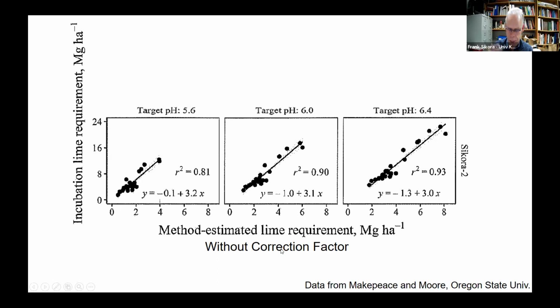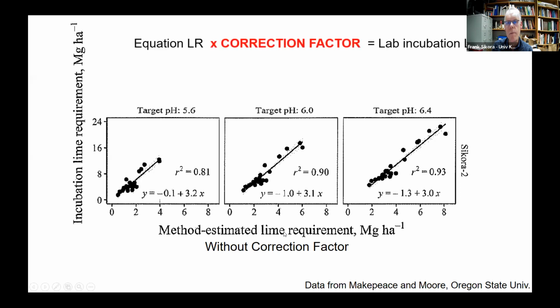So it's based on that formula I showed earlier without the correction factor. If that formula was actually calculating the incubation lime requirement, the slope of these regressions should be 1. But you're seeing the slope being about 3. So the incubation lime requirement is about 3 times that from the method estimated lime requirement.